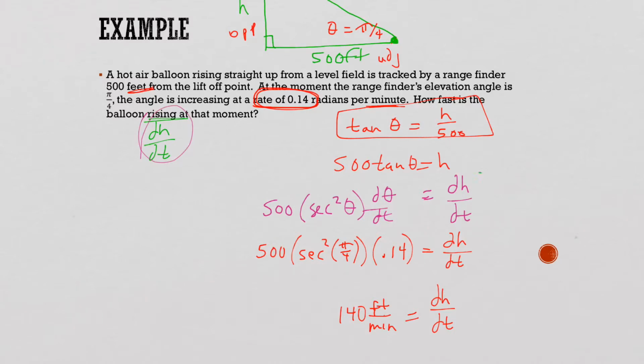Then, once we had our derivative, we went back to the original question and plugged in the values we knew. We knew theta, the original angle, was pi over 4, and we knew the angle changed, so d theta was 0.14. Plug those into our calculator, get our answer. This general rule will come up over and over again.